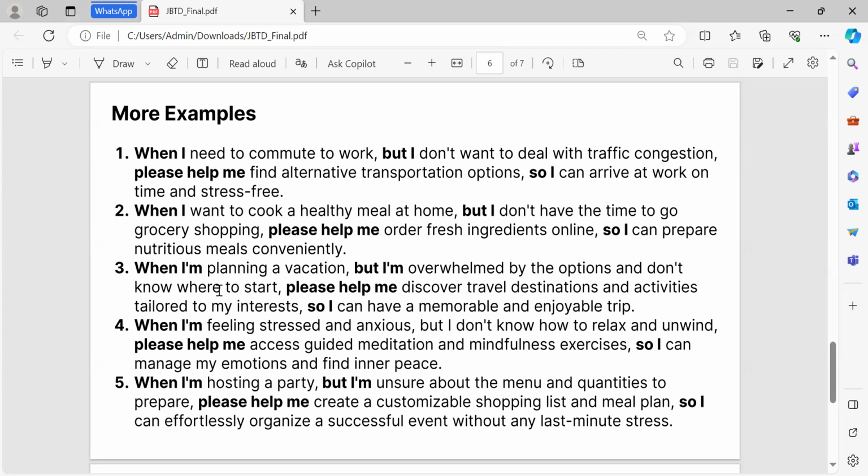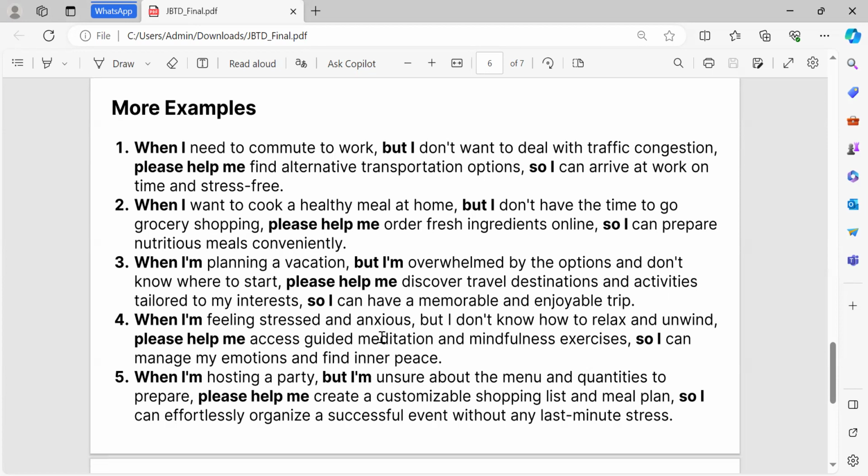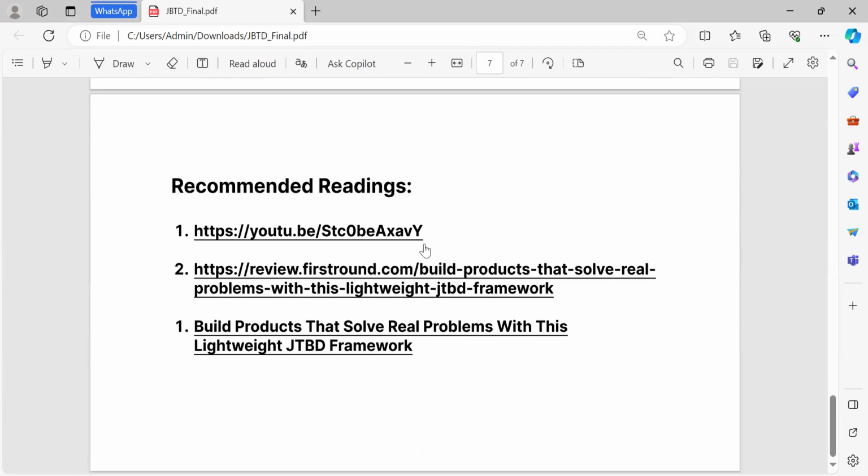With the help of this framework, we can identify the goals, the outcome, and the exact help, the pain point that the user needs. Like the first example I have explained, you can go through the other examples also. These would be similar. I have gone through the web, and there were multiple videos and articles, but these three were quite interesting.